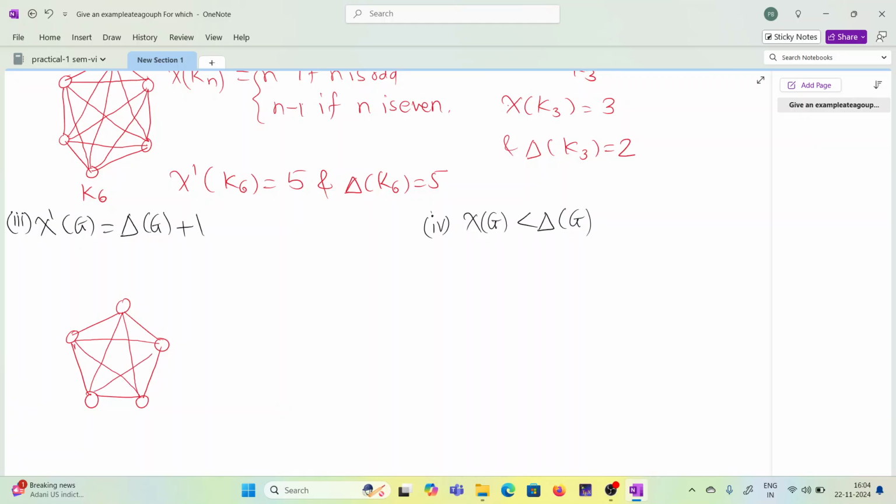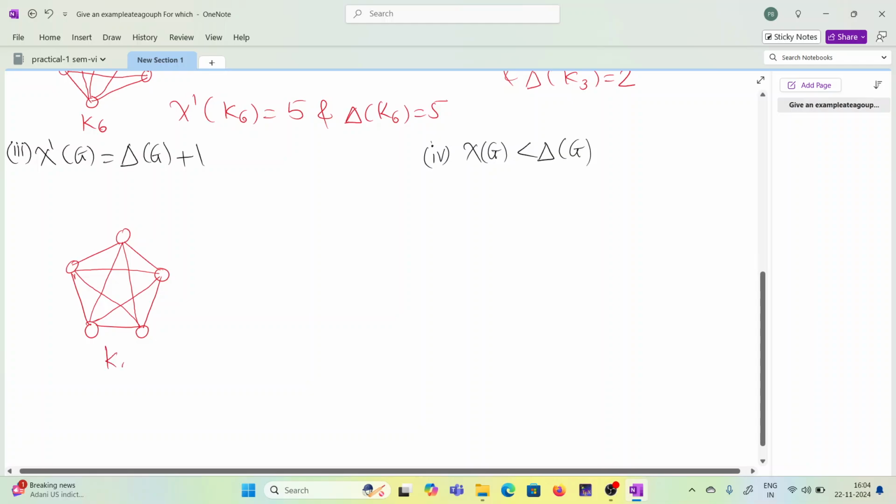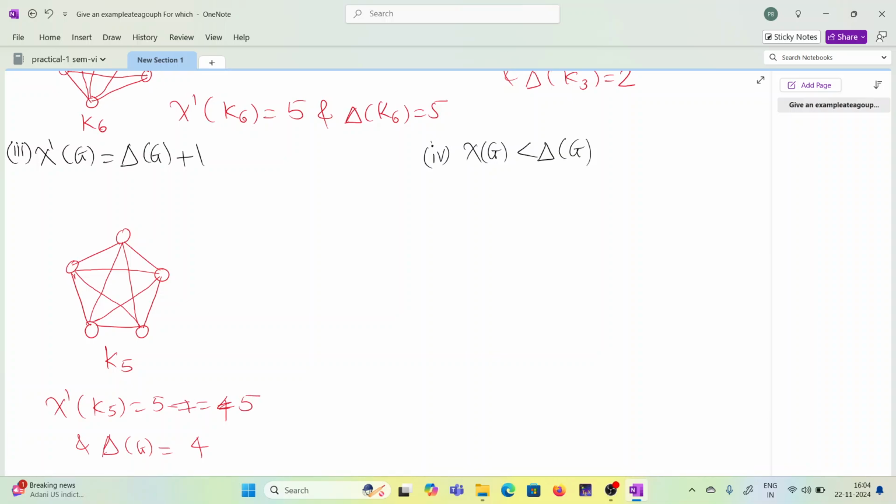So for K5, 5 is an odd number, which means the edge chromatic number of K5 is 5, and delta G is 4.